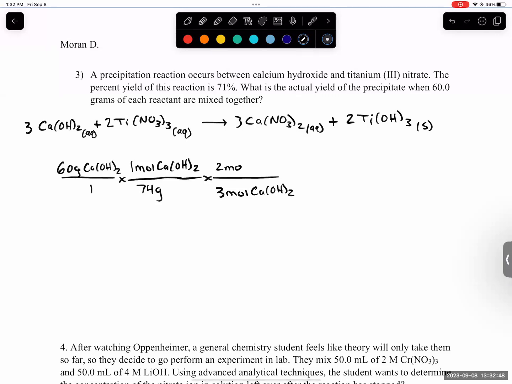So we're using the mole to mole ratio found again in the balanced chemical equation. Why specifically titanium hydroxide though? Why that one? So what's the molar mass now?